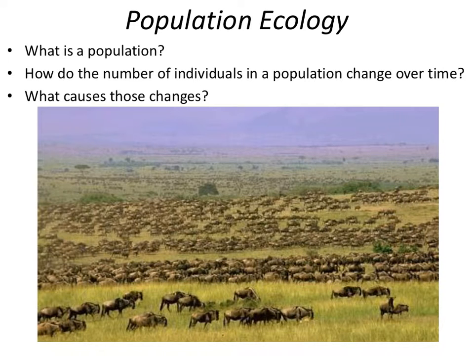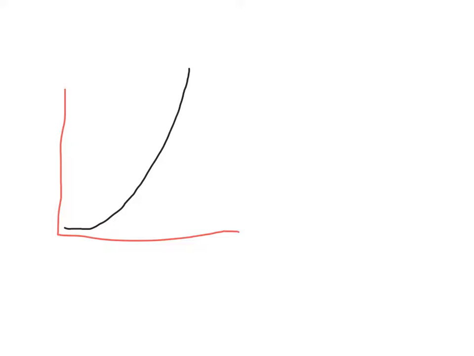Okay. Now, normally population growth starts out like this, and then it's exponential growth.